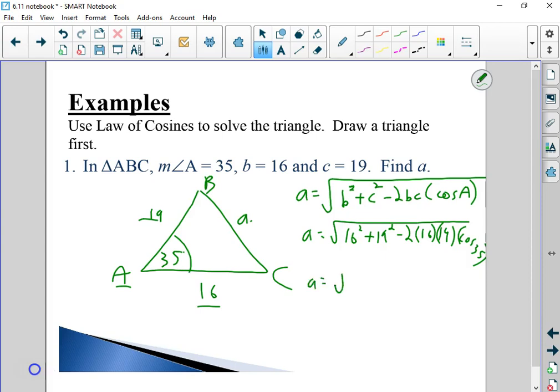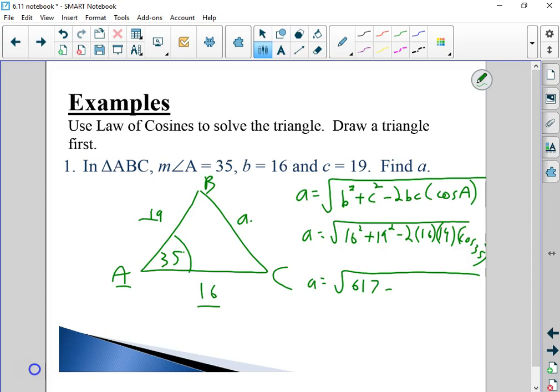So A is equal to the square root; first off, 16 squared plus 19 squared is 617. That's that first number. Minus 2 times 16 times 19 times the cosine of A, 35.